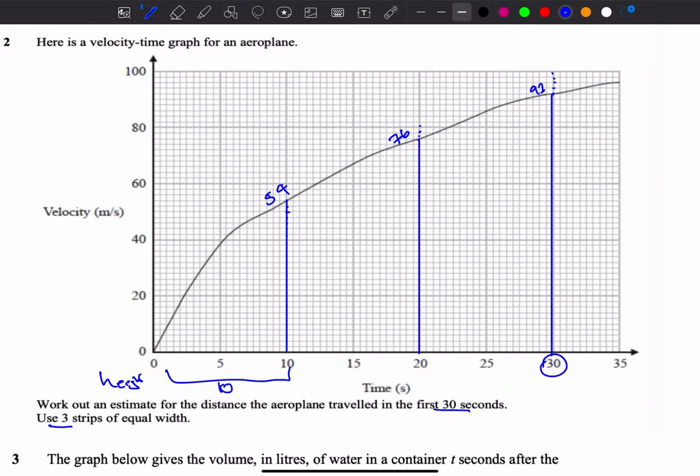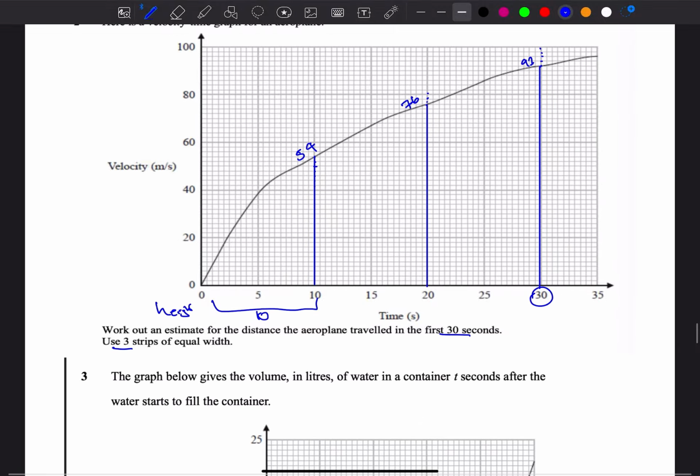Okay. You want the distance traveled? Cool. So you're going to go 0 add 54. First one is a triangle. So the 54 times by the height, which is 10, divided by 2, is 270. Next one, 54 add 76 times by the height, which is 10 divided by 2.